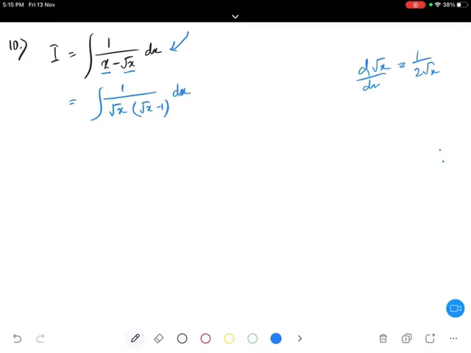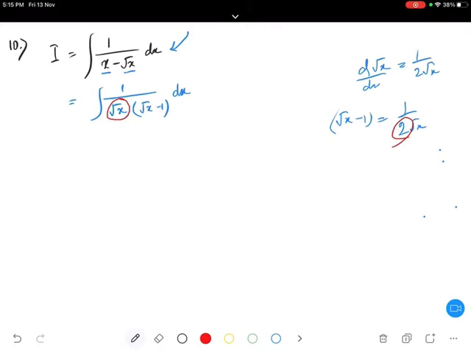In the same way, if I differentiate root x minus 1, the differentiation of root x minus 1 will be 1 by 2 root x. It's the same thing. And you see here, there is a root x in the denominator. 1 by root x is there. And I don't care whether 2 is there or not, because 2 is a number. Who cares if 2 is there? The most important thing is that 1 by root x is there.